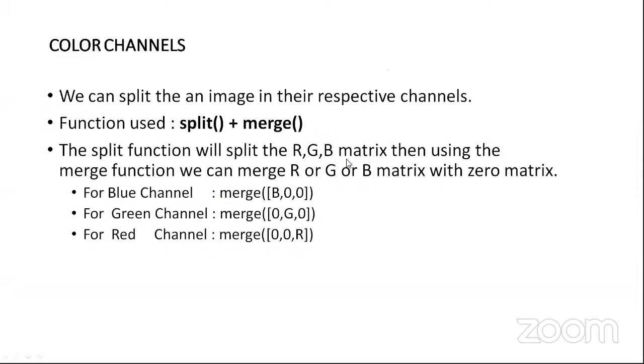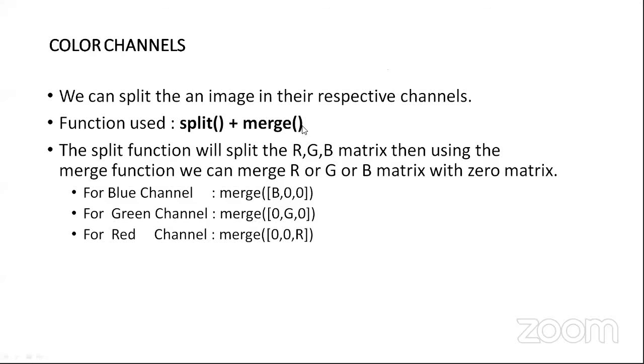Moving forward, we have color channels. We can also split the image into its respective channels. For this, we will use the split function. The split function will help you split the RGB matrix. If you use the split function, it will return the corresponding red, the corresponding green, and the corresponding blue matrix.